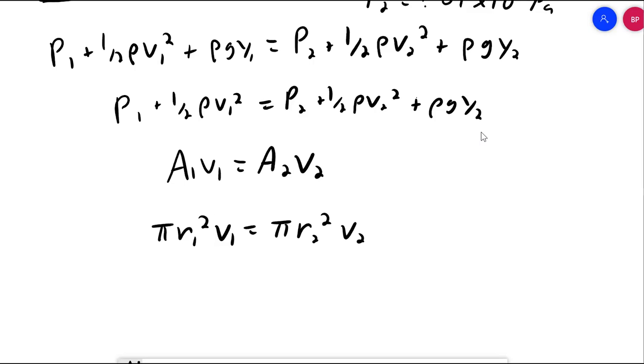So we know how to solve these. We can solve for, say, V1 in terms of V2 and then plug it in up here. So if we do that, V1 is R2 squared divided by R1 squared, our pi's cancel, times V2. So we can plug this in for V1 here.